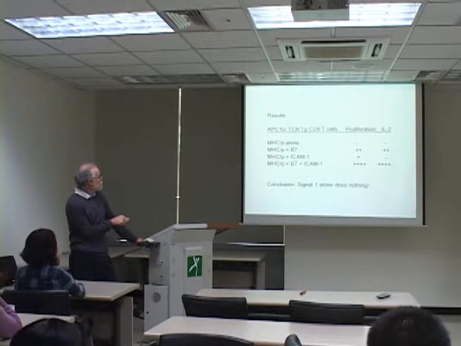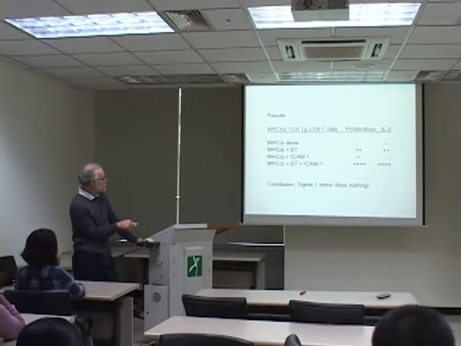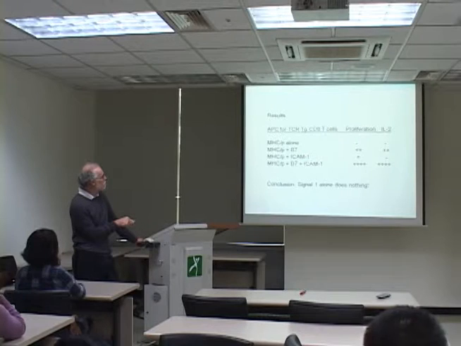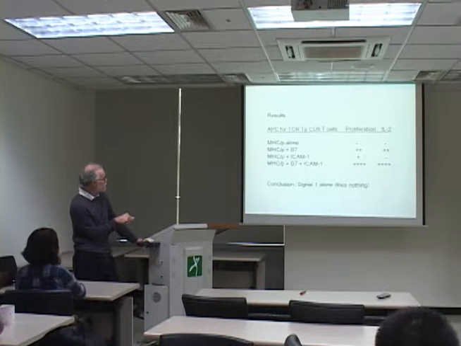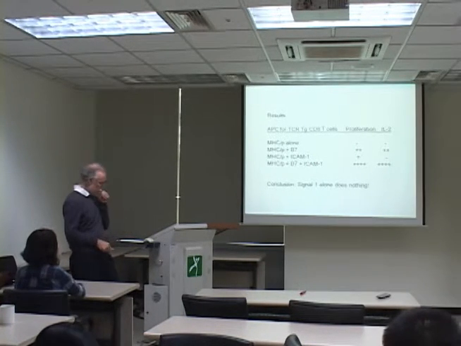Whereas if you put in MHC peptide together with B7, you will see an efficient immune response. The cells will proliferate and produce IL-2. If you put in ICAM, they will proliferate a bit, but very little IL-2. But if you put a combination of both B7 and ICAM, then you see a very efficient immune response.